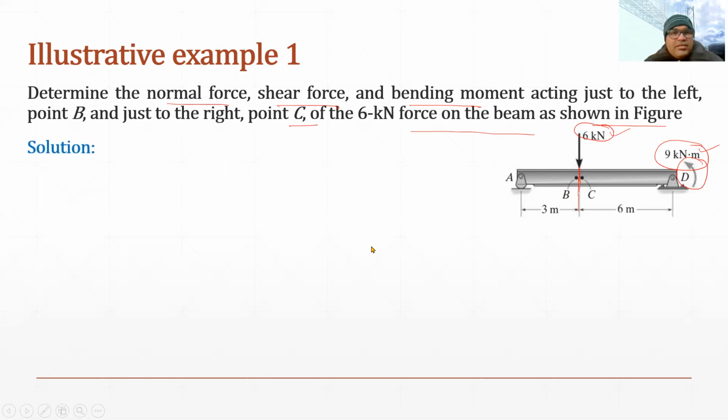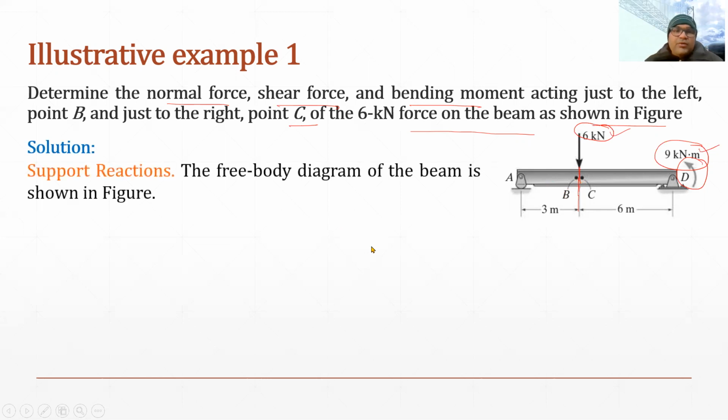As I discussed earlier in the previous part, we will first find out the reactions, and for this we have to make the free body diagram of the beam to show the reactions. So here the reaction at D will have two components, one will be Dy and the second one will be Dx. And as this is a rocker, it will offer only one reaction, which is Ay, a vertical reaction.